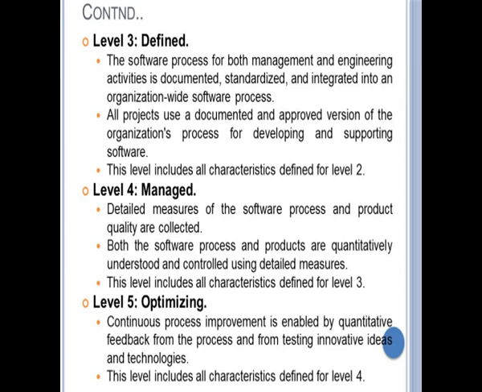The highest level of a mature company is CMM level 5. The keyword to identify such a mature company is optimizing companies. The entire organization focuses on continuous process improvement.